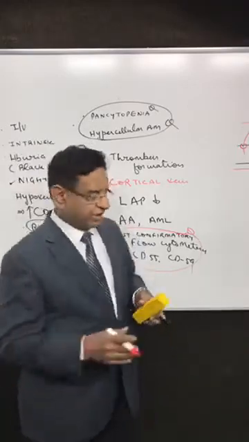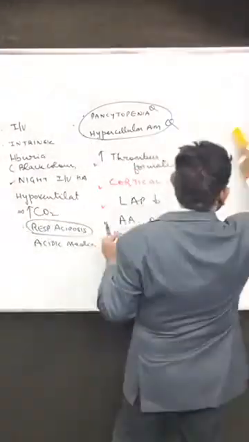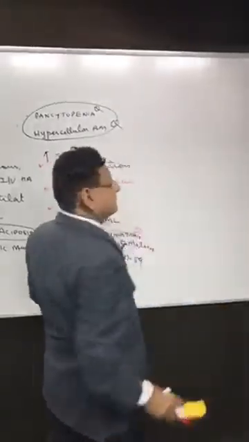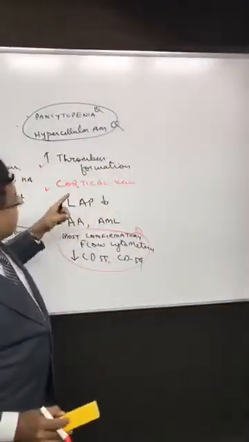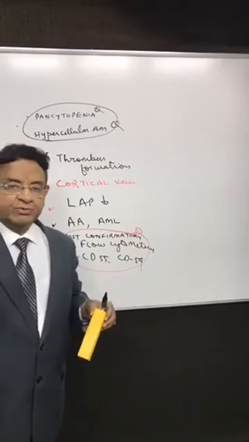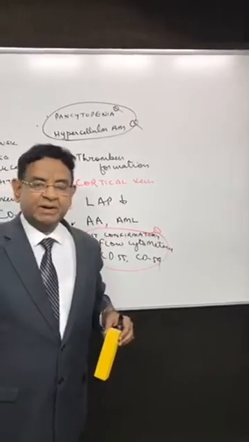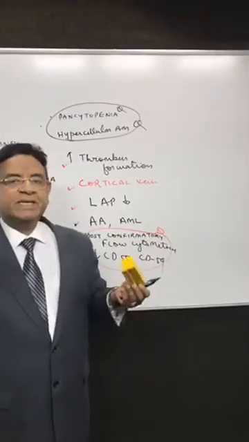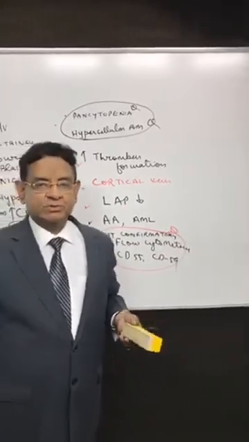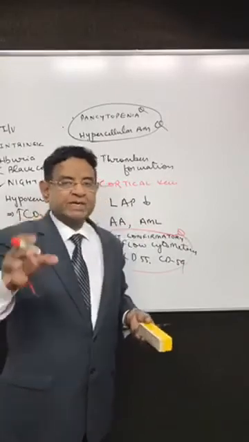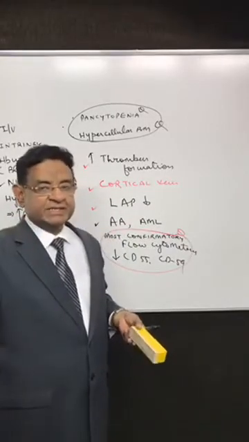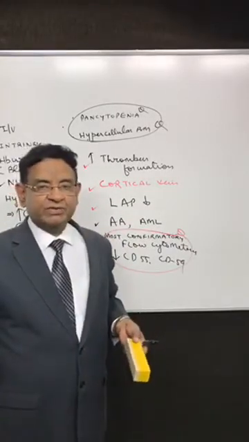Now, how to treat? Remember, the patient can come with acute hemolysis. How do you know? First morning urine sample black. Otherwise, the patient can even have chronic hemolysis also. Now, suppose the patient has come to you saying, I am getting black color urine for the last few days.